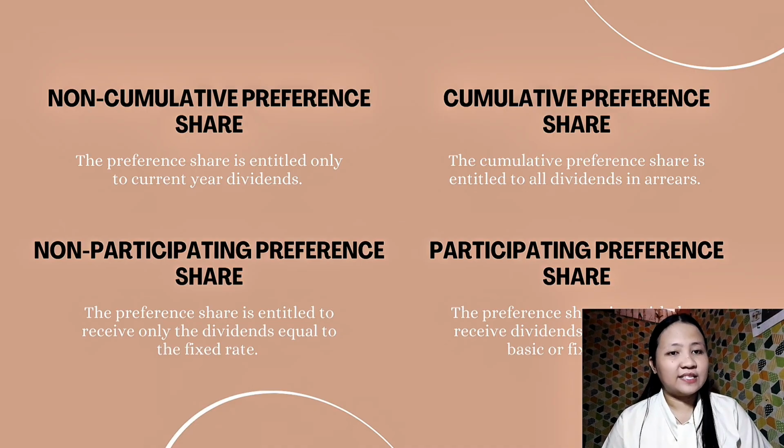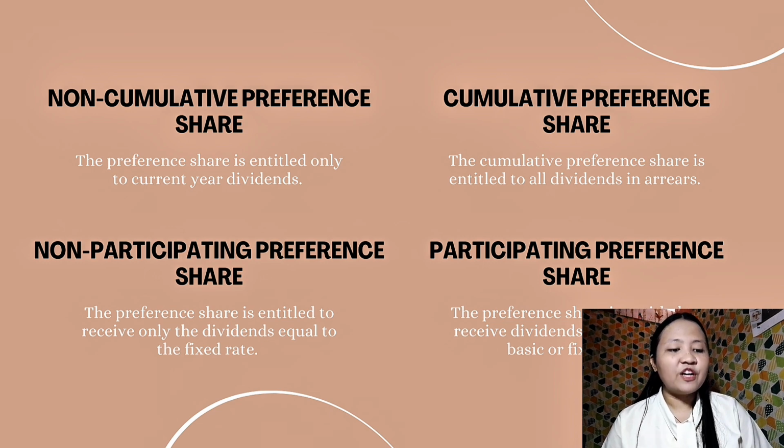So, we have first the non-cumulative preference share. Unsa man ni siya? When we say non-cumulative, dili siya magpuno-puno. Meaning the preference share is entitled only to the current year dividends and wala nay labot tong mga undeclared dividends from the previous years.